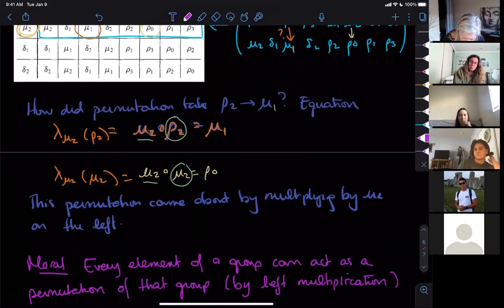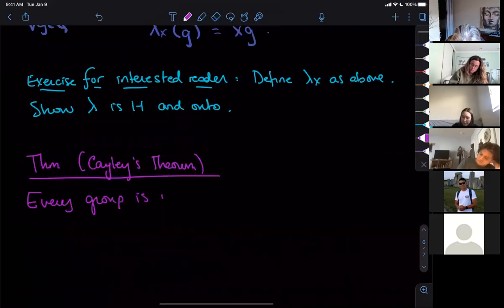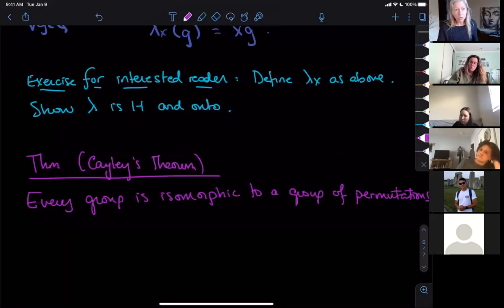So Cayley's theorem says that every group is isomorphic to a group of permutations. Every single group is isomorphic to a group of permutations.